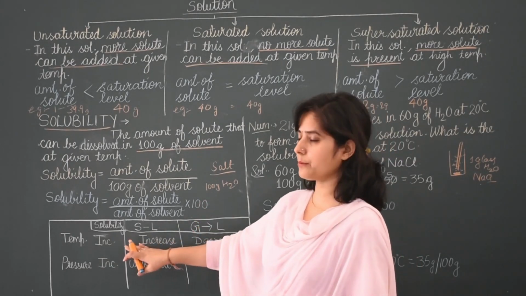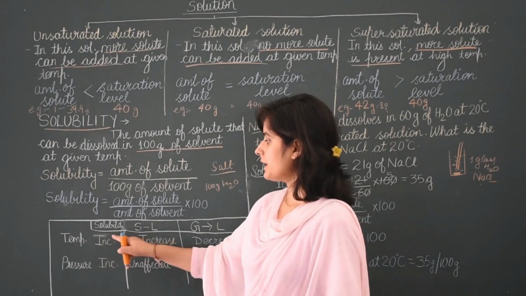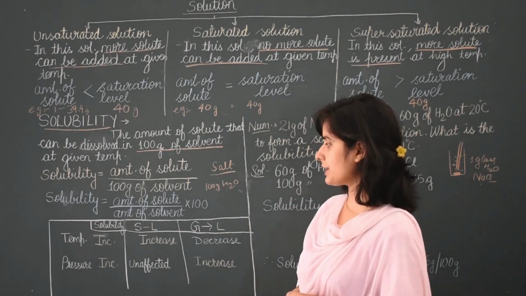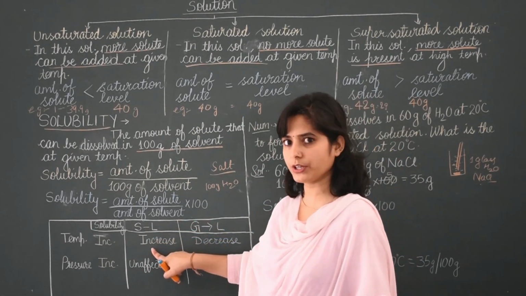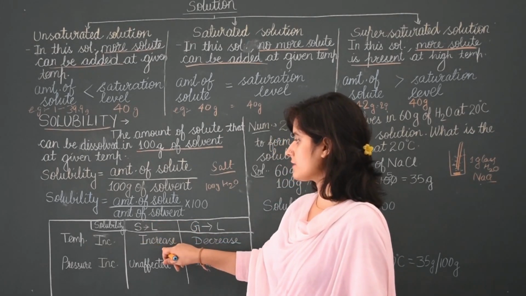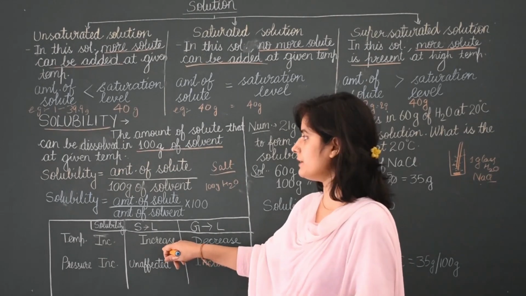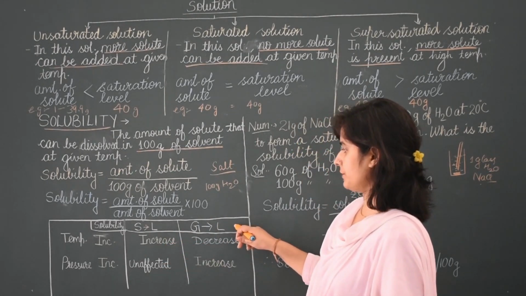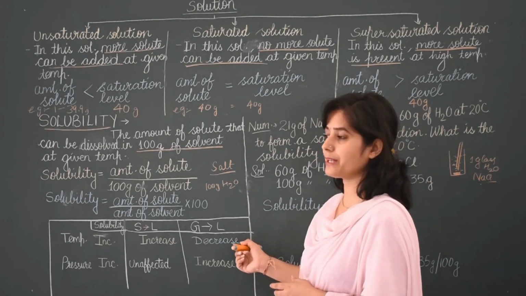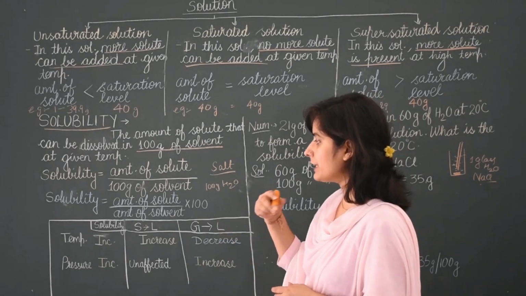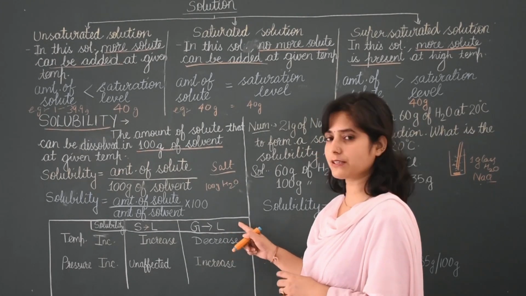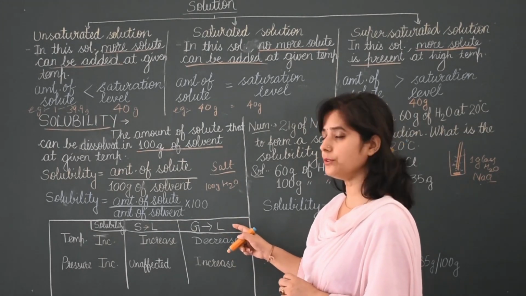The relationship of solubility with temperature and pressure is this: if we increase the temperature, then the kinetic energy of particles increases and solubility also increases. This is for solid to liquid. When we dissolve a solid in a liquid, solubility increases, which means we can add more solute. Gas to liquid: when we have to add gas in a liquid, it is not possible at a higher temperature, because on increasing temperature, the kinetic energy of gases increases and they want to escape from there, they come to the environment.